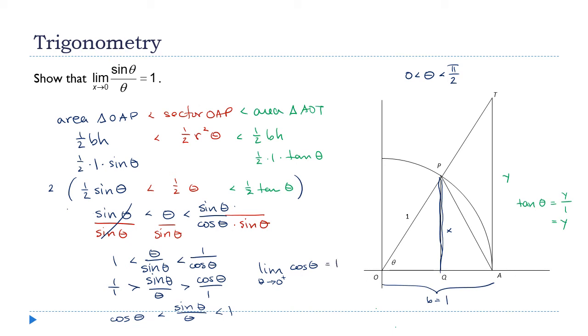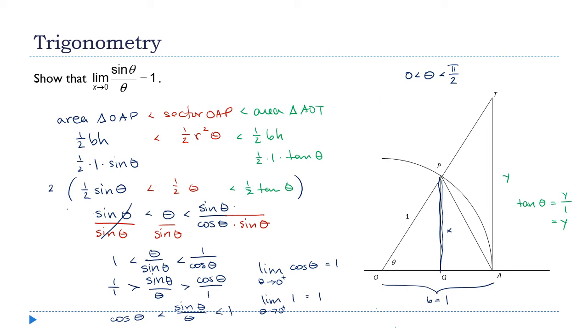If you didn't see that, it's in one of the exercises on the website, on the online class that goes with the lectures. And the limit as theta approaches 0 from the right of 1 is also 1.